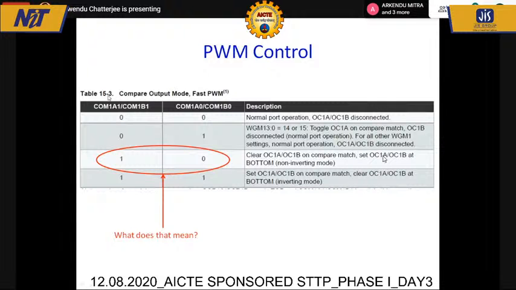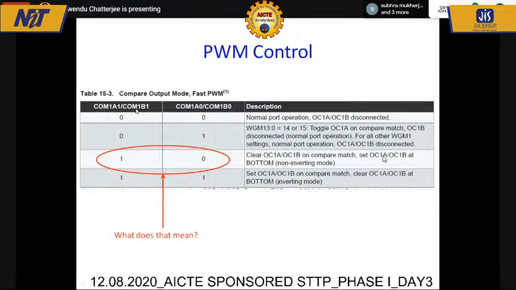If you search the datasheet, you will easily find it. There will be the fast PWM mode, and the sub mode is this, where we are using clear OC1A on compare match, etc.